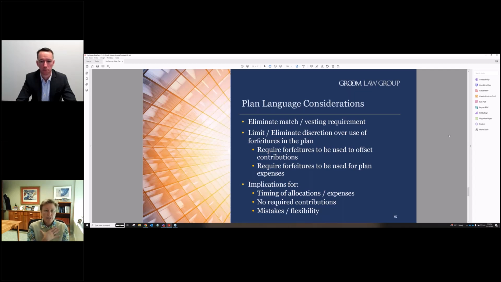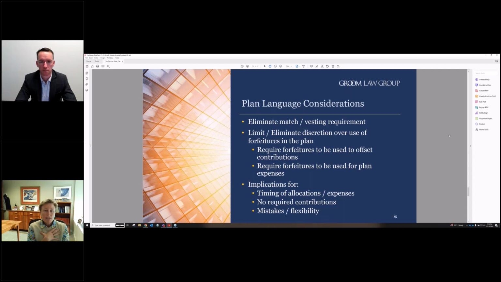And then a plan fiduciary would have to determine, if I follow the terms of the plan, I should be protected unless doing so would be a violation of ERISA at the get-go. And the Qualcomm case kind of said that, but the other cases really have not. And the BAE decision is a good example of that.